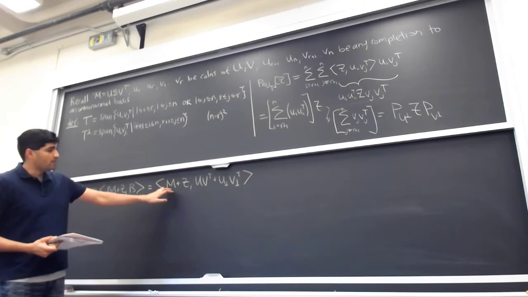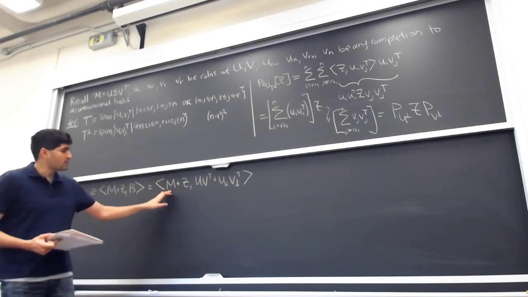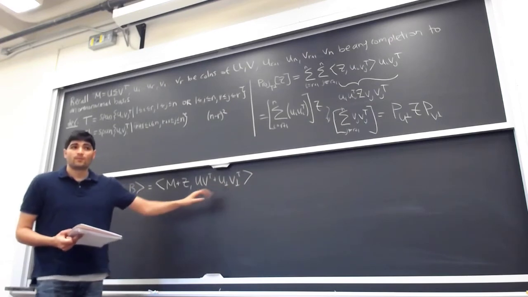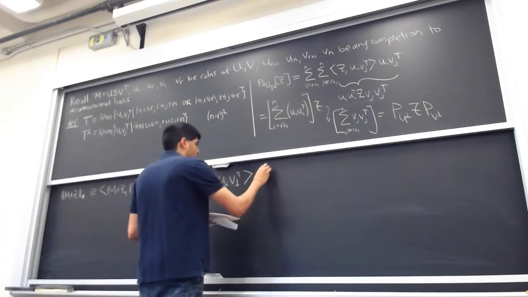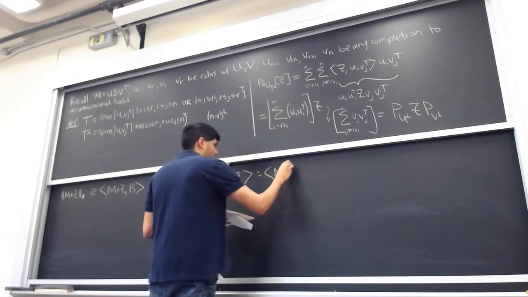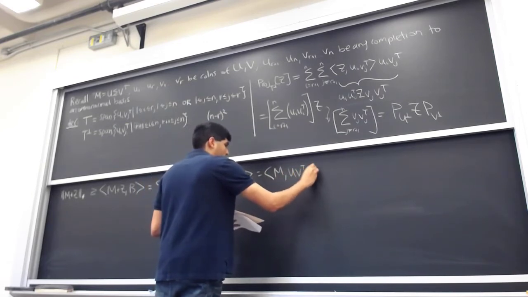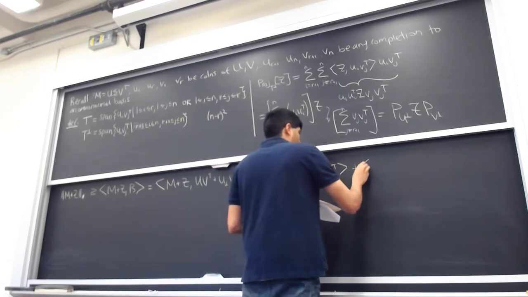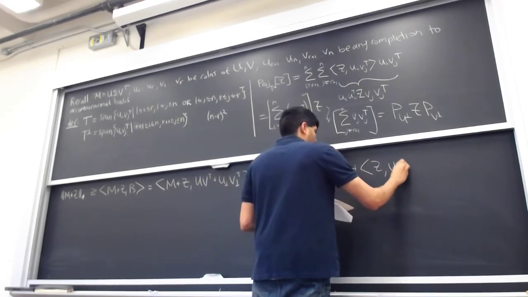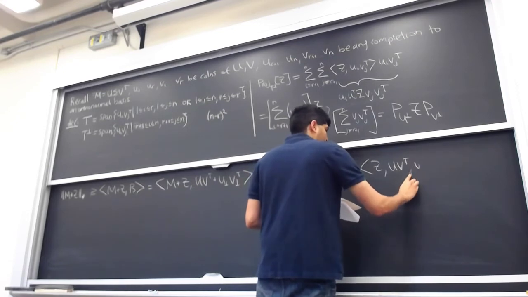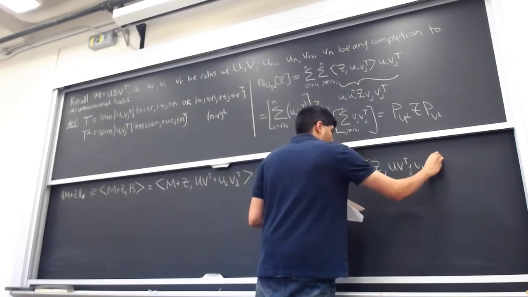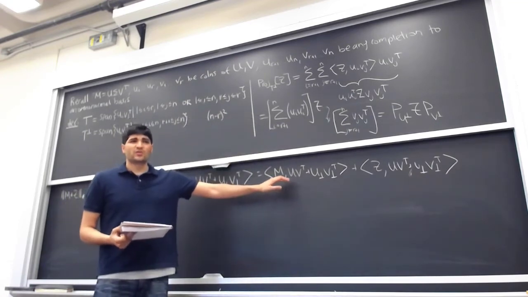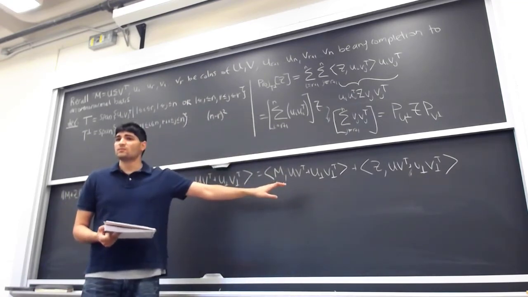Now what if I take M's inner product with UV transpose, and M's inner product with U perp V perp transpose? So there's one term I can remove from here.